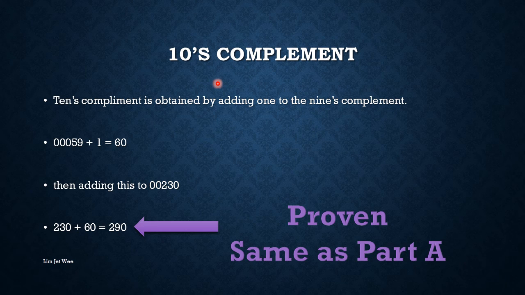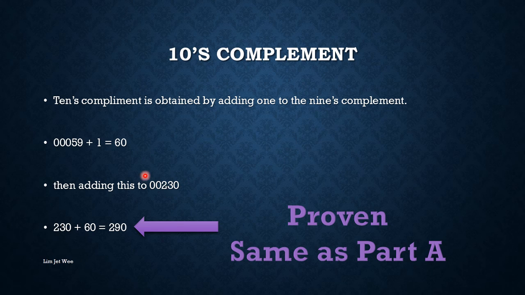Then the question continues with the 10 complement, and it indicates that the 10 complement is obtained by adding 1 to the 9 complement. The previous section I got 00059. So if I take the 9 complement plus 1, I actually get 60. And the question further asks me to add this to 230.